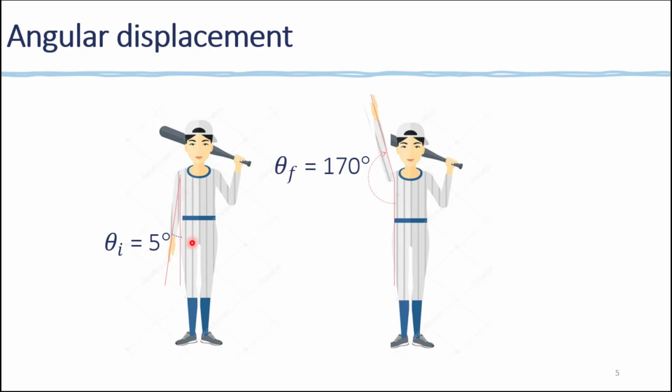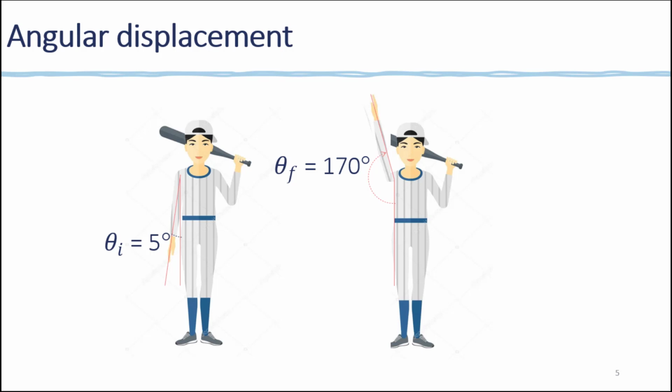So the player then raises their arm away from their side as far as they can by abducting their shoulder, which gives us a final position of 170 degrees from the vertical plane. And what is the angular displacement of the arm? I invite you to pause the video here and do the calculation yourself.